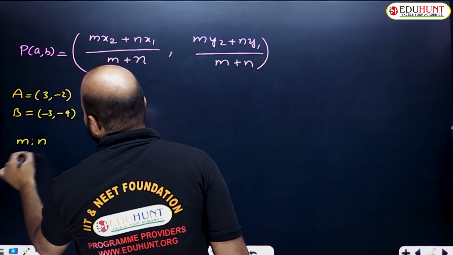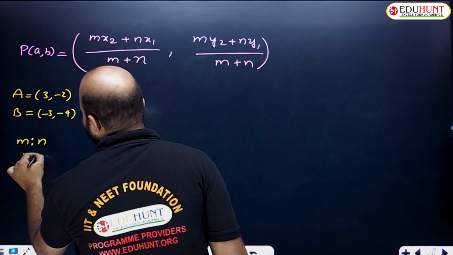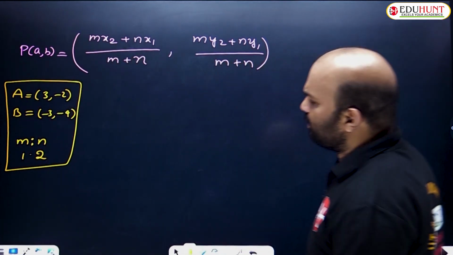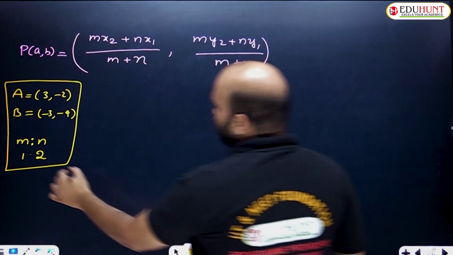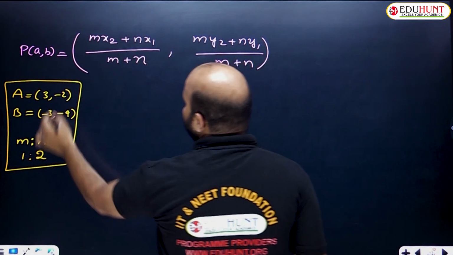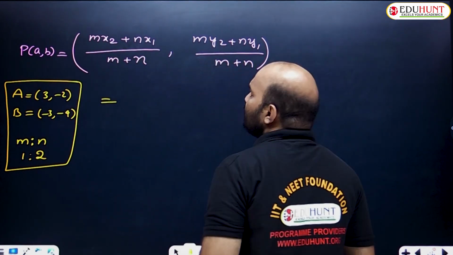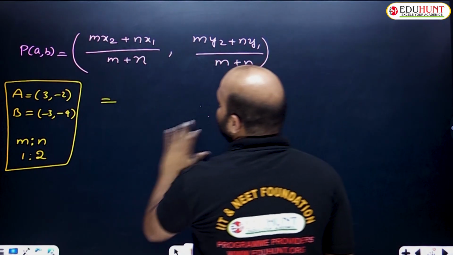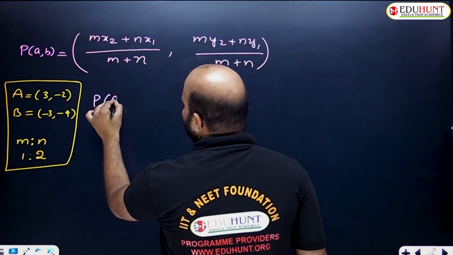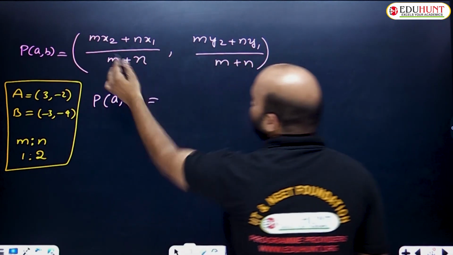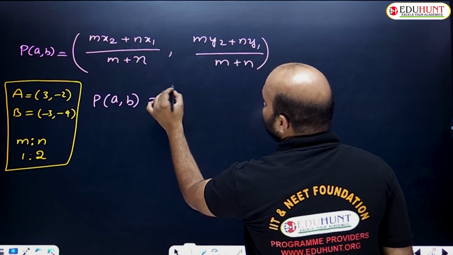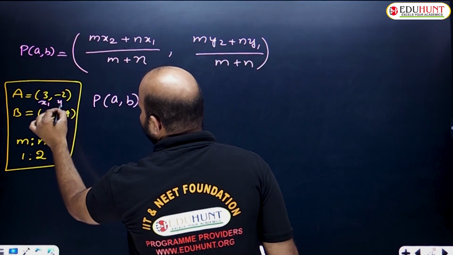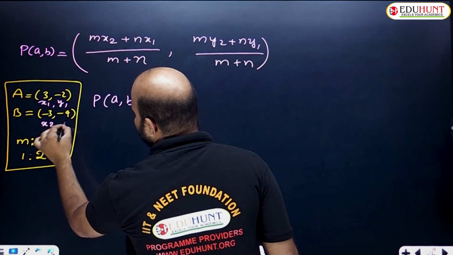The m:n value is 1:2. These are the A, B coordinates and the ratio 1:2. So substitute these values in the section formula. Therefore, P(a, b) equals m, nothing but 1, into x2, where A coordinates are x1, y1 and B coordinates are x2, y2.